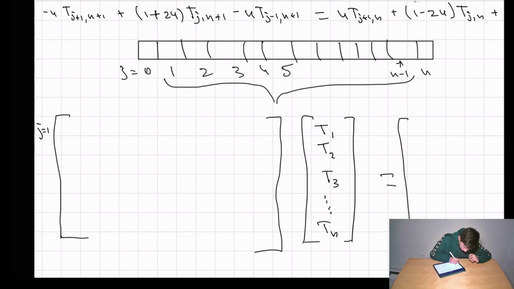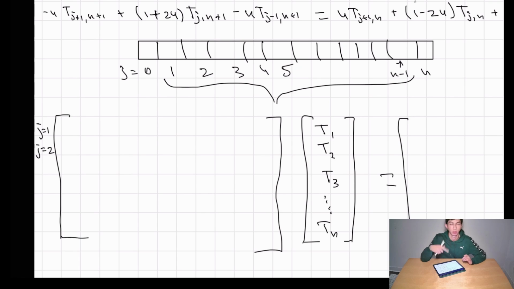Okay, let's start with j equal to 2 because it's easier to explain that way. When j is equal to 2, we're considering T3, T2, and T1.